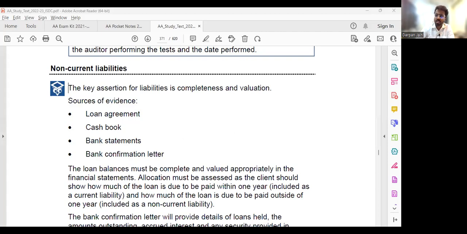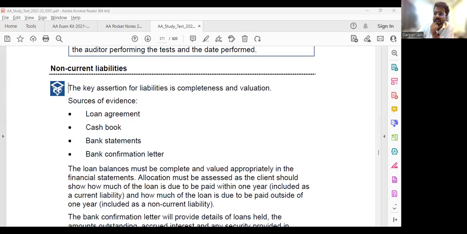Now, this long-term loan, will it be shown under non-current liabilities, or under current liabilities, or will it be shown under both? You tell me.